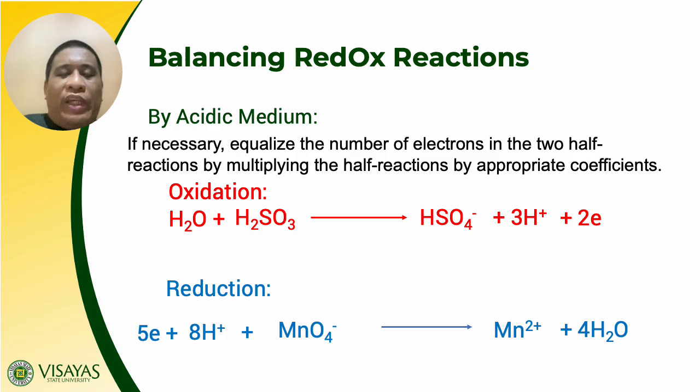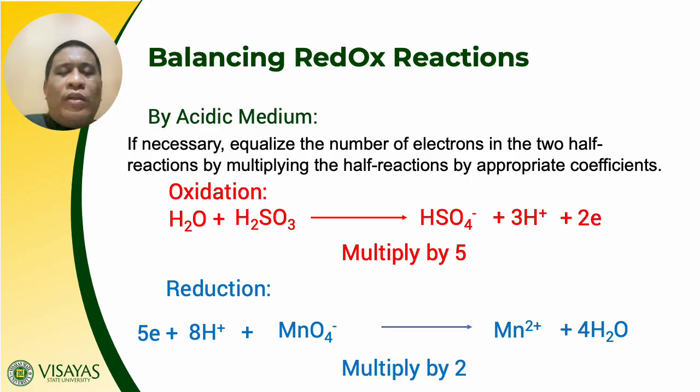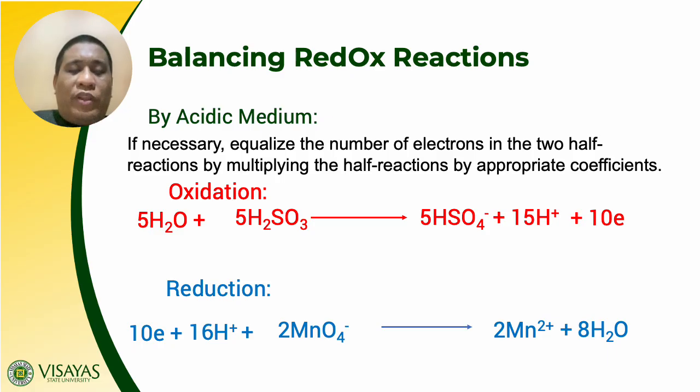Now, if necessary, equalize the number of electrons in the 2 half reactions by multiplying the half reactions by appropriate coefficients. We have 2 electrons on the oxidation and 5 electrons on the reduction. So we need to multiply the entire oxidation half reaction by 5 and the entire reduction half reaction by 2. The result would be these 2 half reactions.